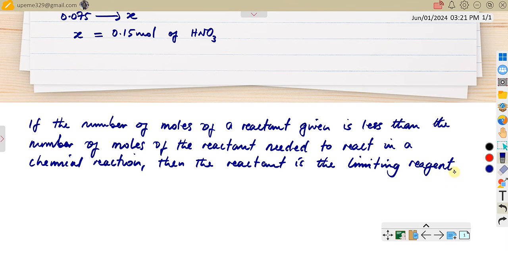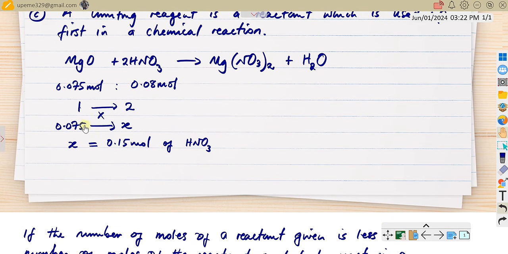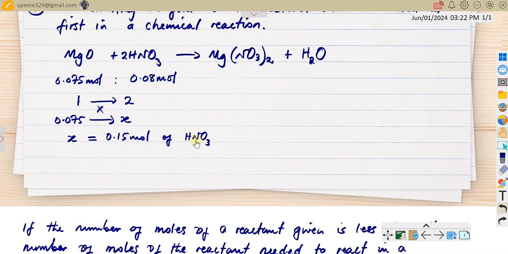So that's how it is. If the number of moles of a reactant given is less than the number of moles of the reactant needed to react in a chemical reaction, then the reactant is the limiting reagent. In this case, we have discovered that if you are using this much magnesium, it will require this much nitric acid for the reaction to go to completion, for both quantities to be consumed equally.